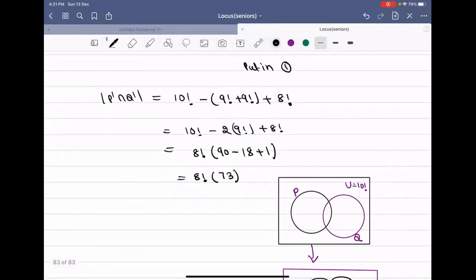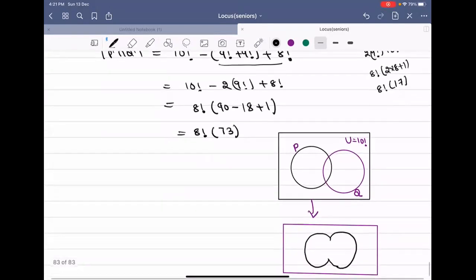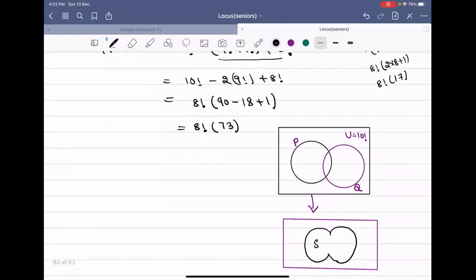If you calculate this carefully, actually you don't even need all this process, if you understand a bit diagrammatically. What is this? 2 times 9 factorial plus 8 factorial is equal to what? I am calculating this part. This part, 2 times 9 factorial plus 8 factorial. If you take out 8 factorial common, this is 2 into 8 plus 1, that is 8 factorial into 17. So which area is this? The one inside, that is 8 factorial into 17, this area.